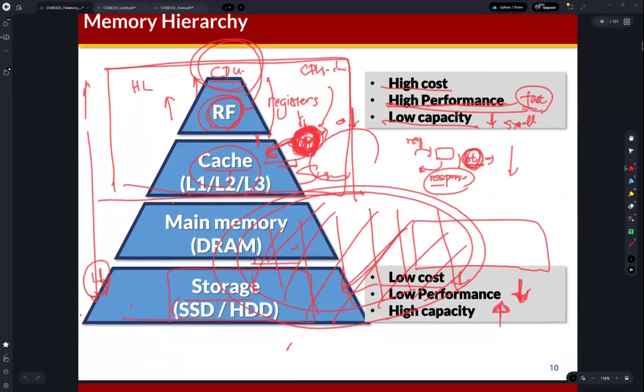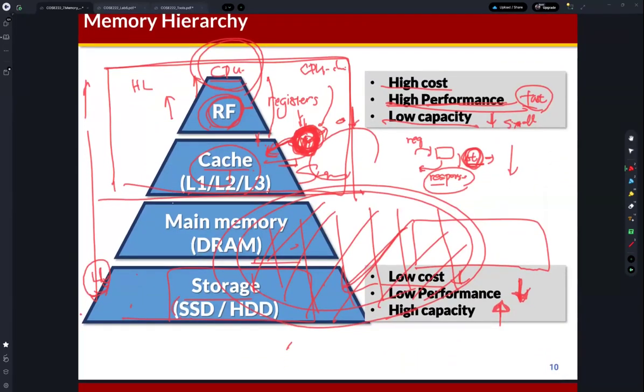You need to understand how the slow memory is handled in the computer system. And I explained that the slow memory is handled by the memory hierarchy, right?